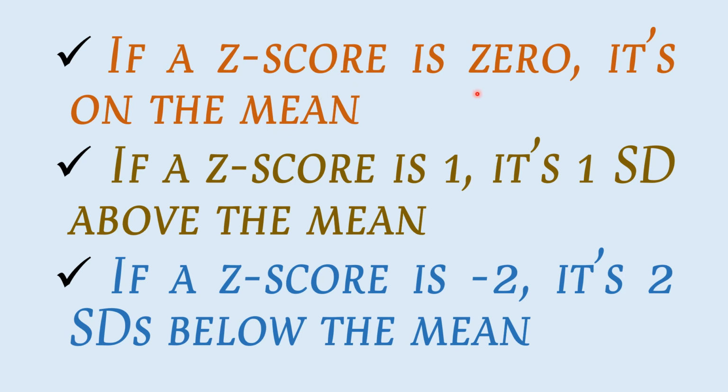If the score is 0, it means that it's on the mean or at the center. If a z-score is 1, it's 1 standard deviation above the mean. And if the z-score is negative 2, it means that it's 2 standard deviation units below the mean. That's how we interpret the value of a z-score.